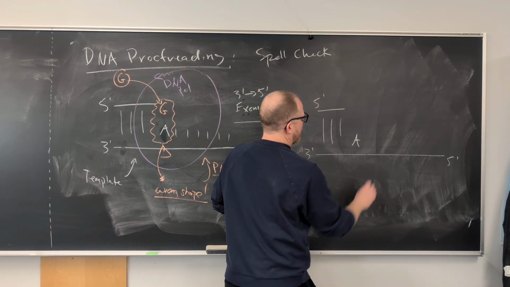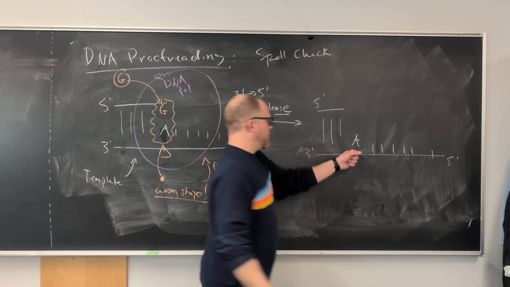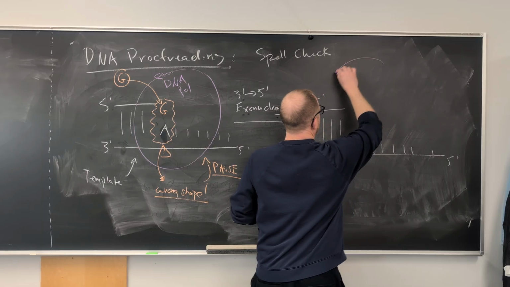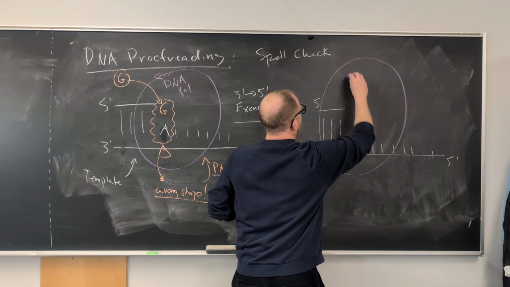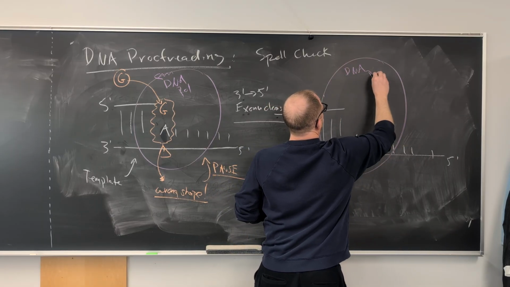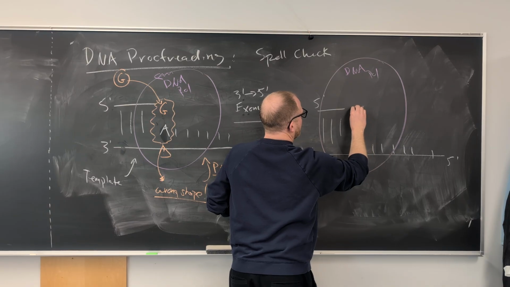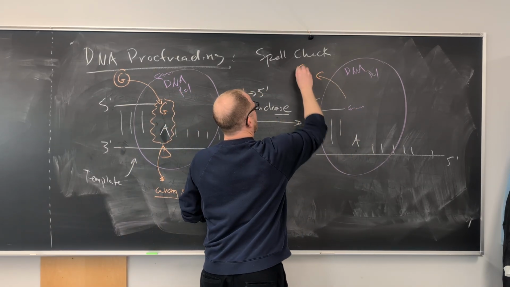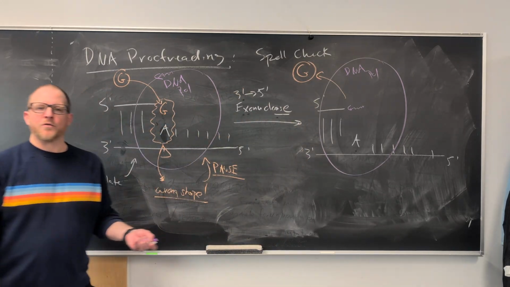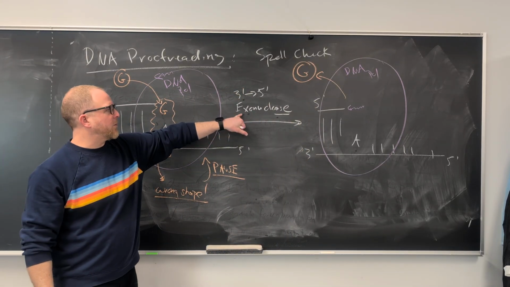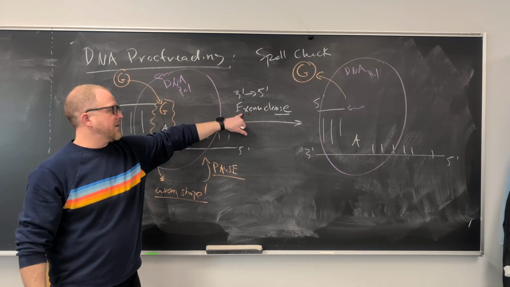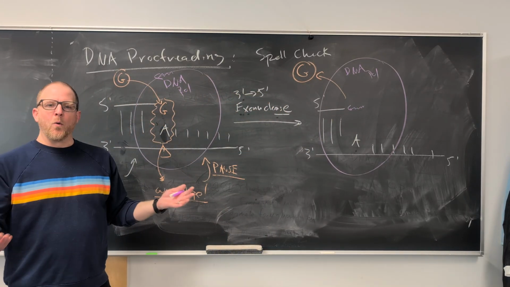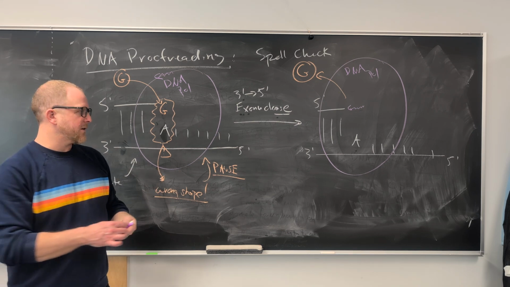We know the next base it's trying to match up with is the A. So in this case, DNA polymerase chews back where that G was and kicks the G out. That's the proofreading. This is because of this 3' to 5' exonuclease activity. It chews back this direction a little bit, kicks out the G, and now it's poised and ready for the next correct base pair to come in.